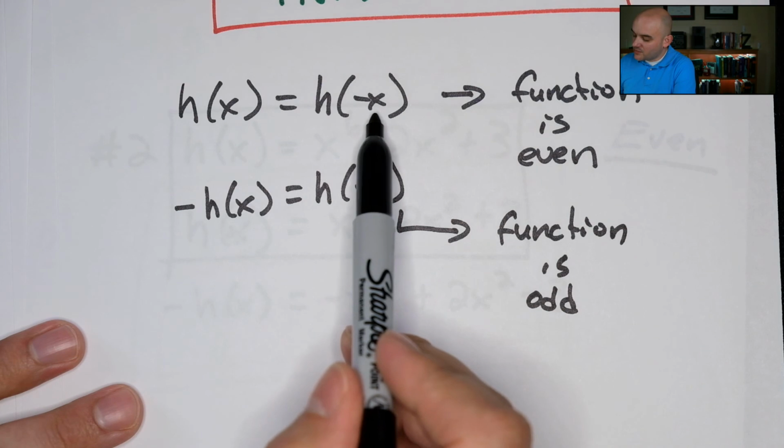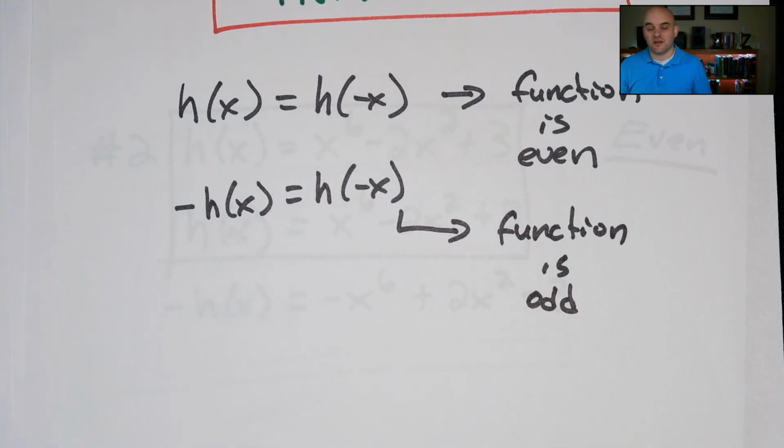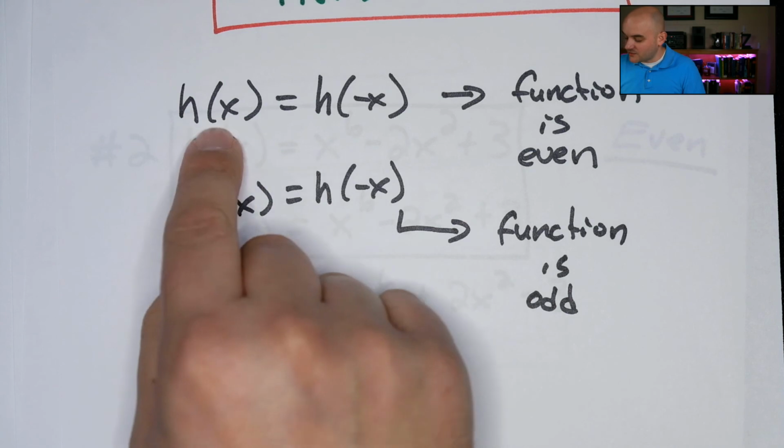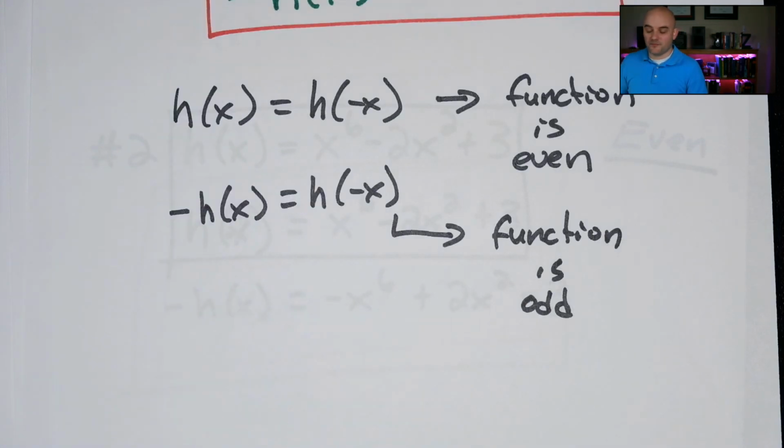Really, it all depends on what is equal to the h or the f of negative x, whatever you're calling the function. So if the h of negative x equals the original function, it's even. And if it equals the negative 1 times the original function, it's odd.